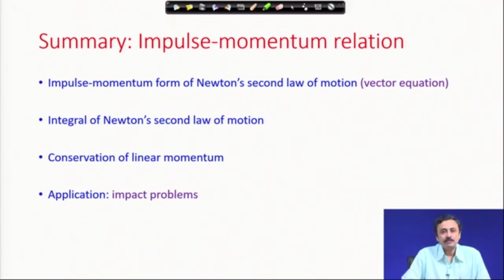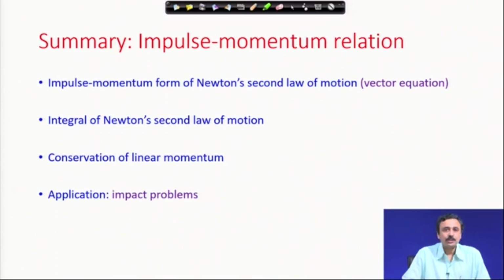And we have looked at the conservation of linear momentum, under what conditions conservation of linear momentum holds. Specifically, I would like to draw your attention to these impulsive forces.